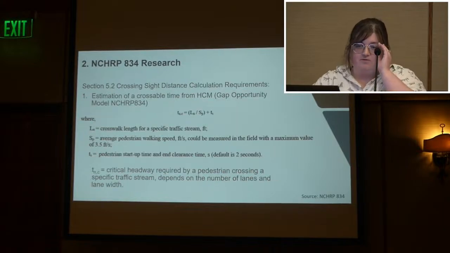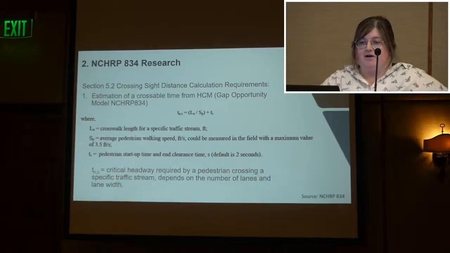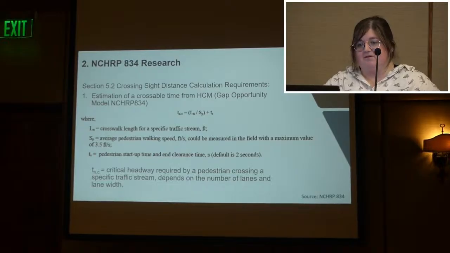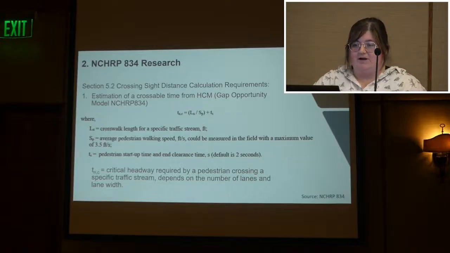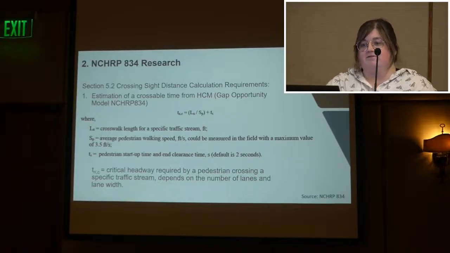That comes together in this equation here, which is an estimation of crossable time from the HCM gap opportunity model, and it calculates TNC, which is the critical headway required by a pedestrian crossing a specific traffic stream, depending on number of lanes and lane width.